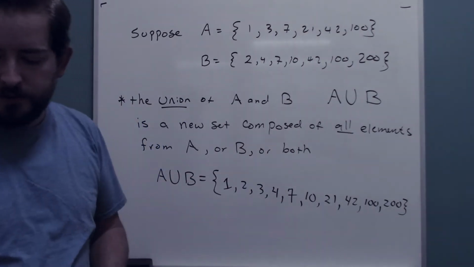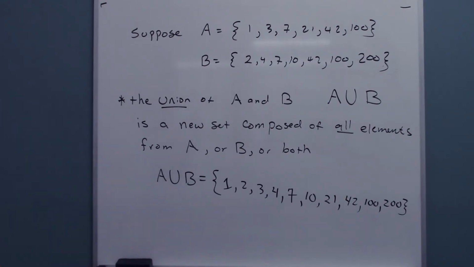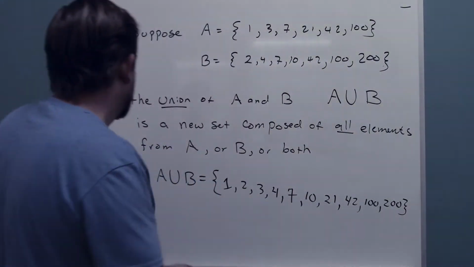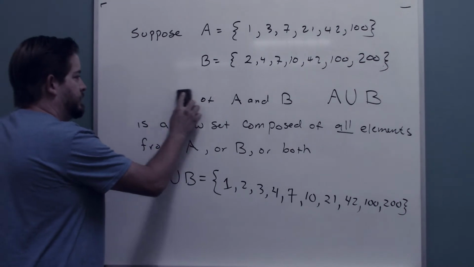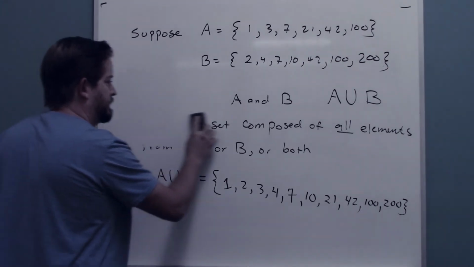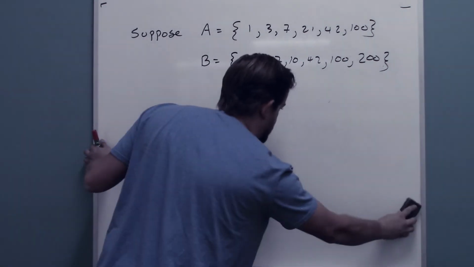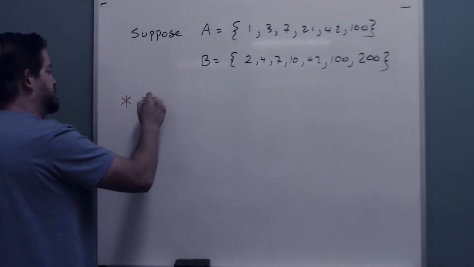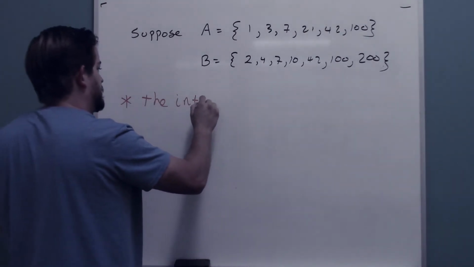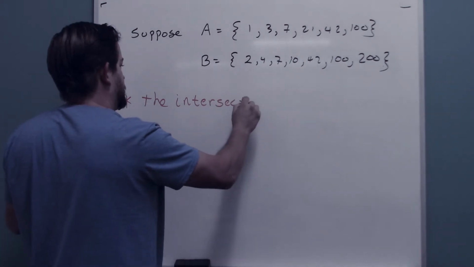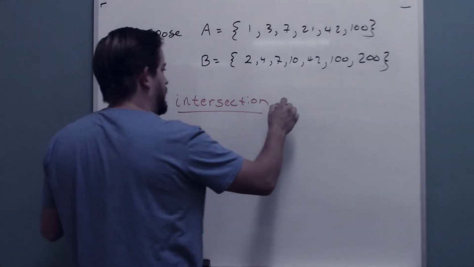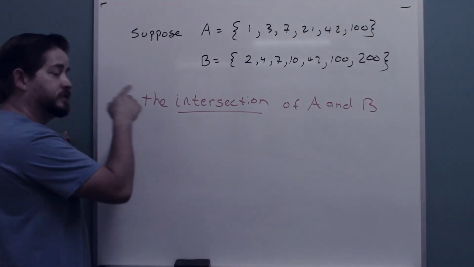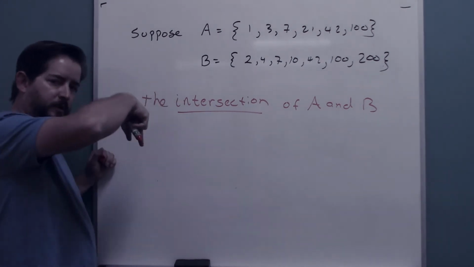There's another conjunction here. And that is called the intersection. The intersection of A and B. And the intersection is written similarly to the union, but we're going to take that U and flip it upside down.